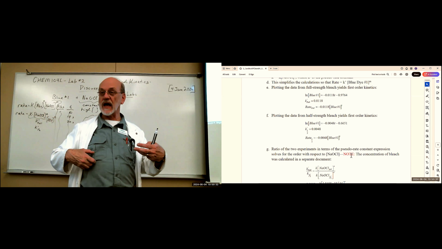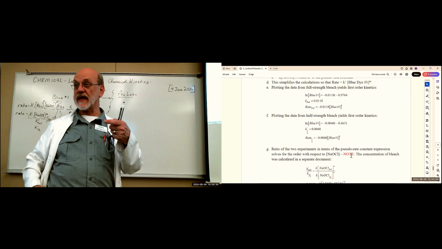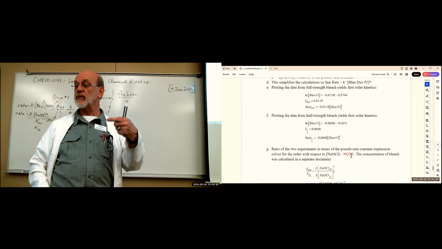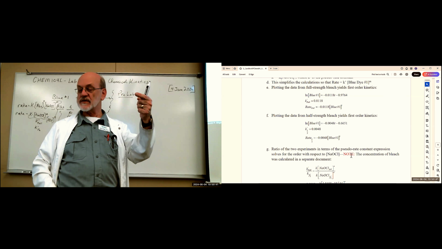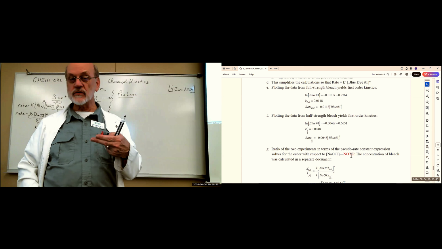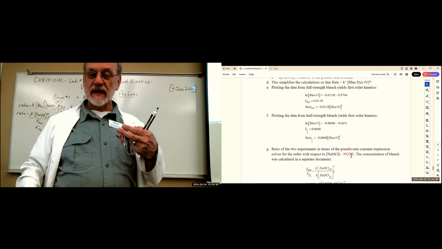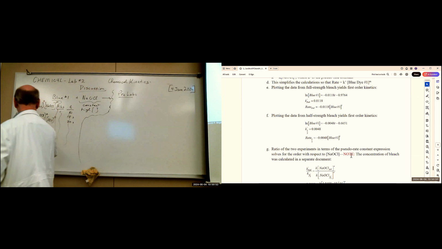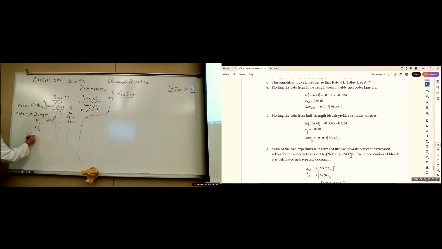Once you have the linear plot, then you can find the K prime from the slope of the line. So you need the slope of both of those lines. One of them is the K prime for the full strength, and the other is the K prime for the half strength. Once you know those K primes and what they're equal to, right? The K prime is equal to actual K times the concentration of sodium hypochlorite to the M value.